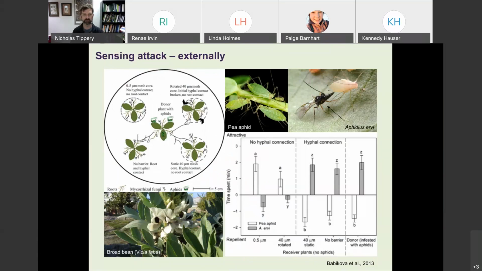And then here's another one similar to what we saw before, this passing on the signal of a plant that's being attacked. And in this example, they investigated what happens if we control for other factors and just let these plants be connected using their mycorrhizal fungi.